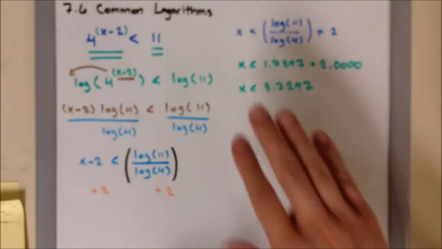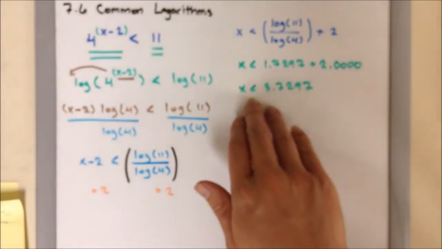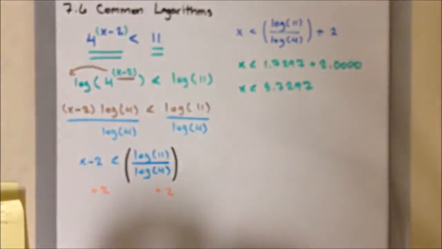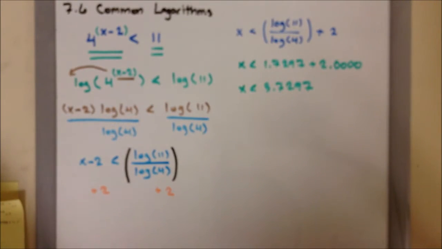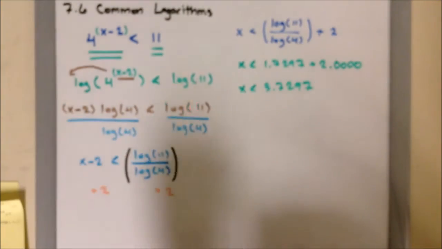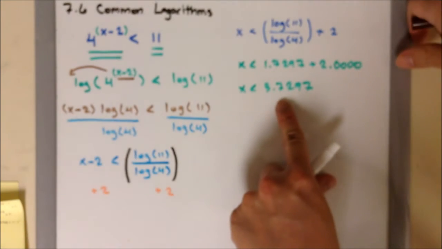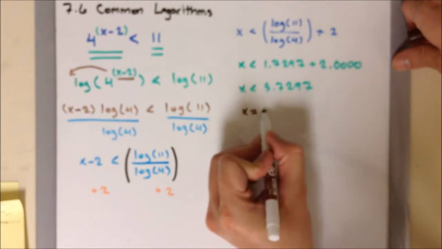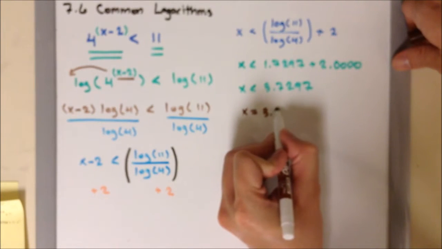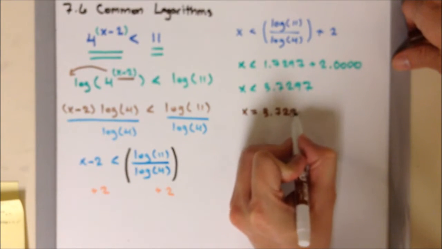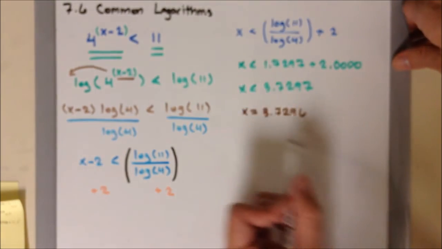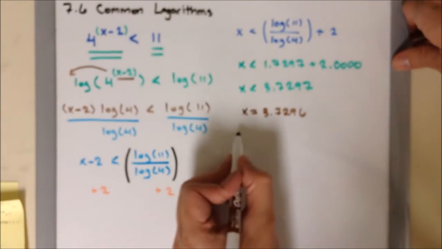In order for me to check it, I'm just going to plug in a number that's less than what we have here into x. So say I want to pick a number that's less than 3.7297. So let's say x is 3.7296. It's less than 3.7297. So I'm going to plug it into x.